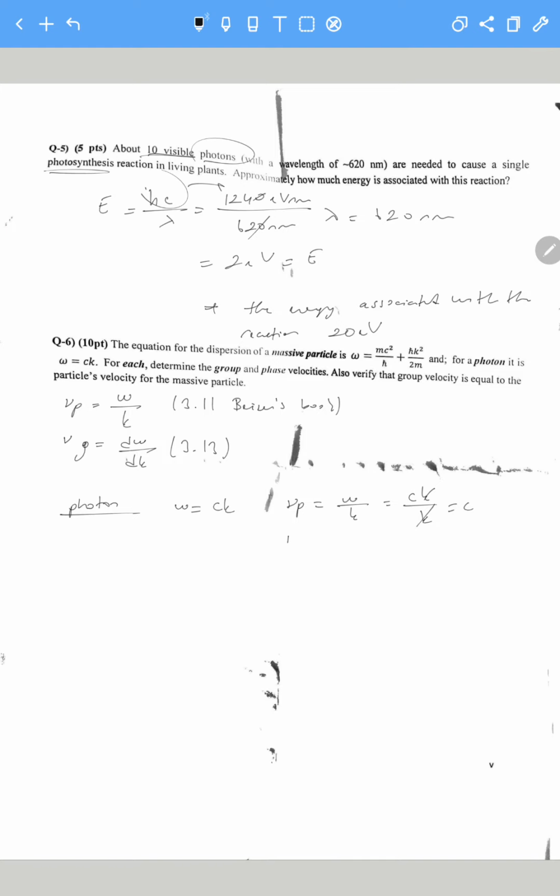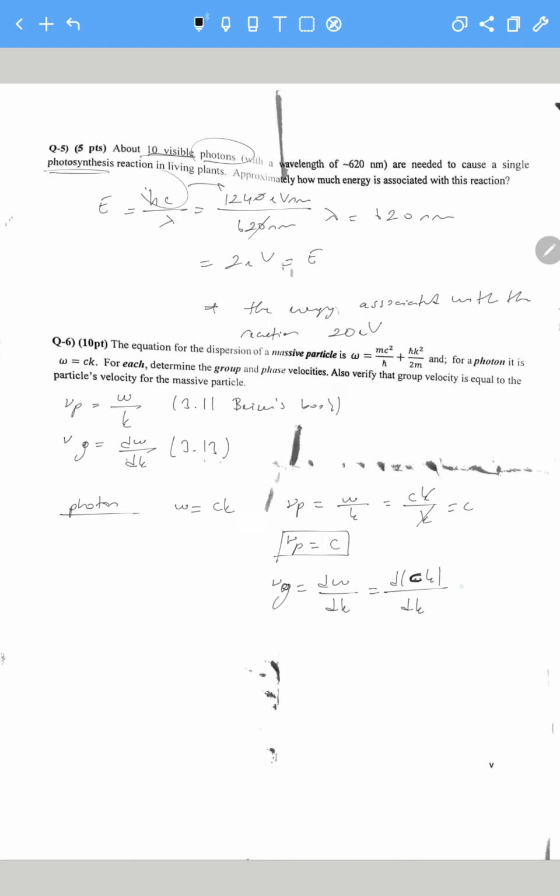So obviously the phase velocity of light being c is quite plausible. There's nothing wrong with that. Then we find the group velocity, and obviously now we write it like this. Now that since this was given to be this, it is not relevant to anything.